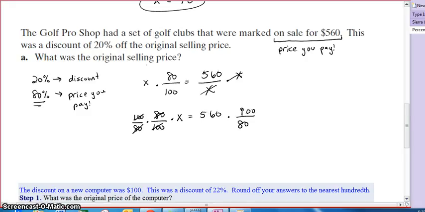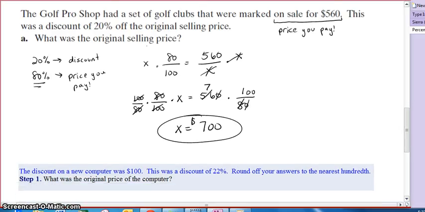I'm going to try to reduce these, so I know 10 goes into both of these. So now I have 56 and 8, and I know 8 goes into 56 7 times. So x equals 7 multiplied by 100 is $700. So that was the original selling price.